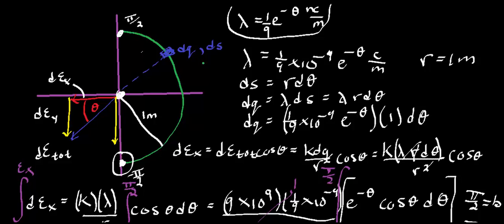Well, there's not going to be a whole lot that changes in our expression. What's essentially going to change is the expression for dE sub y. Okay, it's going to be similar, but not the same. So notice that with respect to theta here, the y component, and we could go above the x-axis too, but the y component in any case is going to be the opposite side with respect to theta, about the hypotenuse.